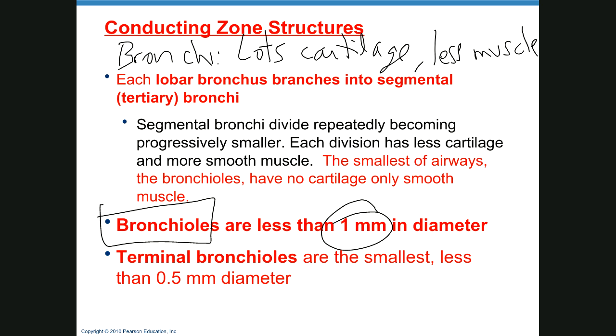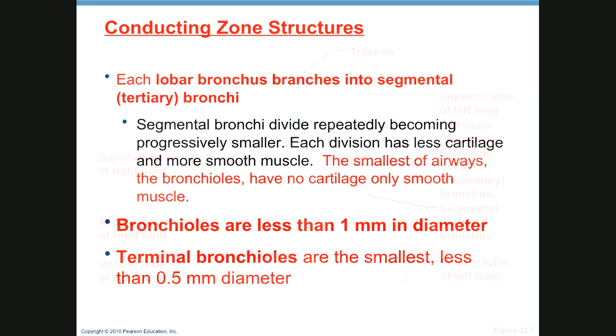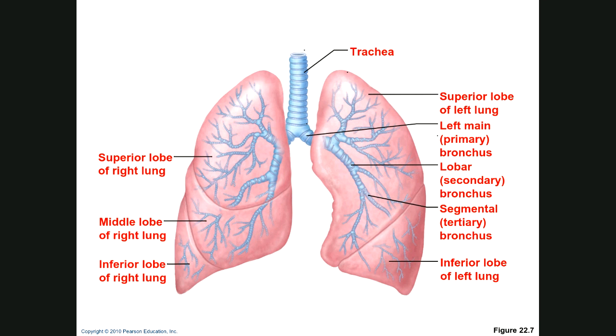As we move from primary bronchi to secondary bronchi to tertiary bronchi, the amount of cartilage to muscle changes. And the smaller the tube, the more muscle, the less cartilage.